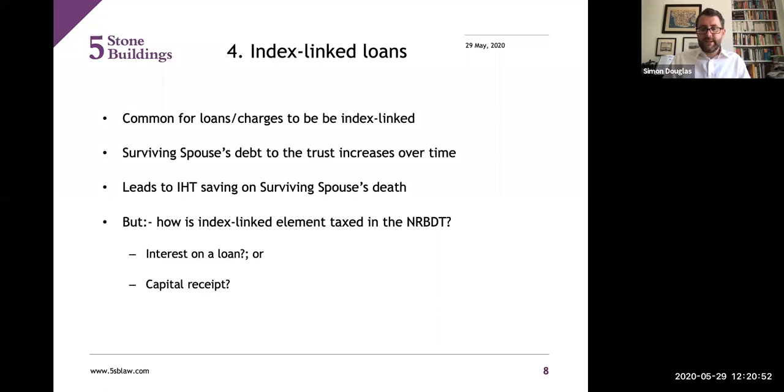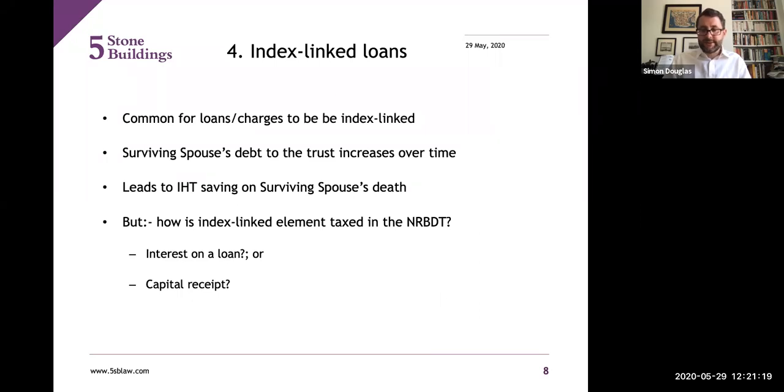If you are to conceptualize the index-linked element of the loan as being interest, then that means that it's subject to income tax in the hands of the trustees, and they will have to pay income tax at a rate of 45%. Whereas if this additional amount that's being repaid to the trust is a capital receipt, then it's treated simply as part of the discretionary trust's capital.